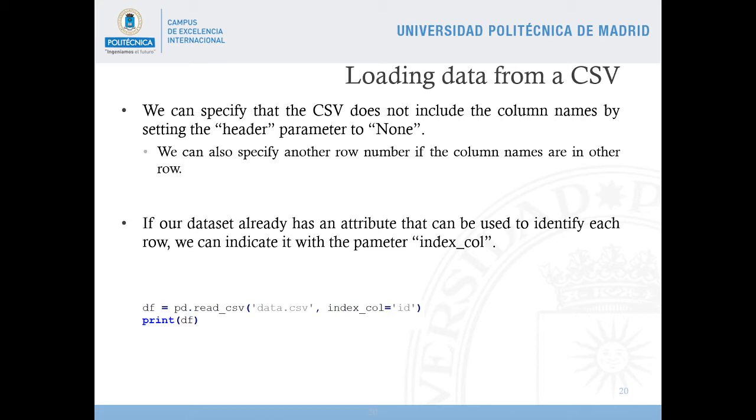Yes, but I'm looking at the documentation, and it says to explicitly pass header equals to 0 to be able to replace existing names, because we want to replace names that already exist. Therefore, we need to specify the 0.